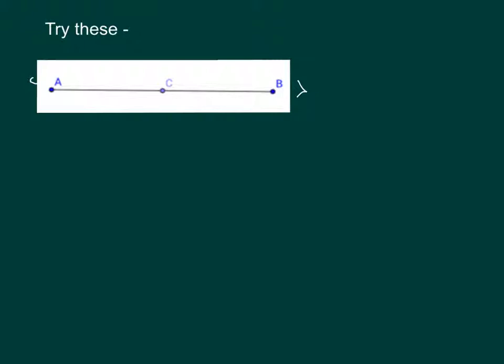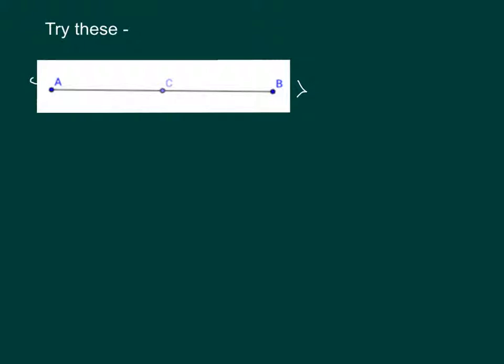So take a look at this. I'm going to take a break from talking for a second and see if you can name a line segment, and a ray. And I would like you to use the proper notation. All right, so hopefully you turned off the screencast or paused it for a second. So here we go.